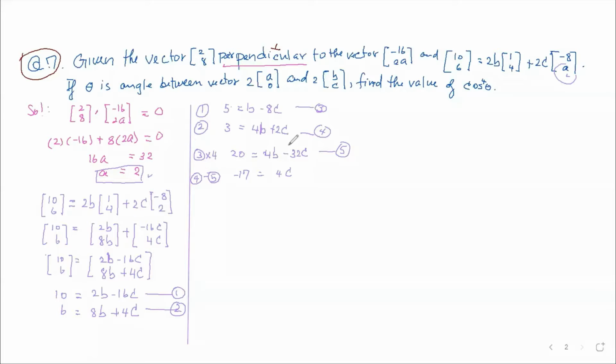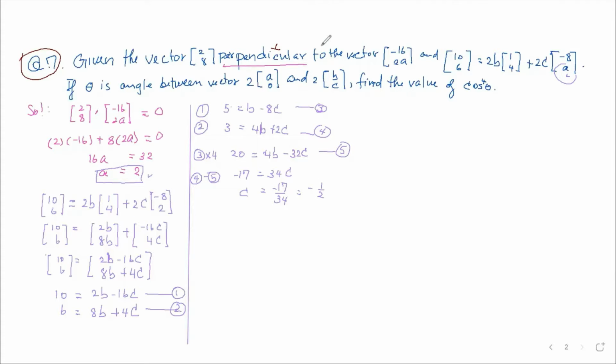Because minus 4 minus 5, this becomes plus, so it becomes 34c, yes. So then c equals negative 17 over 34. So it comes out to negative 1 over 2, right? So we got it now.